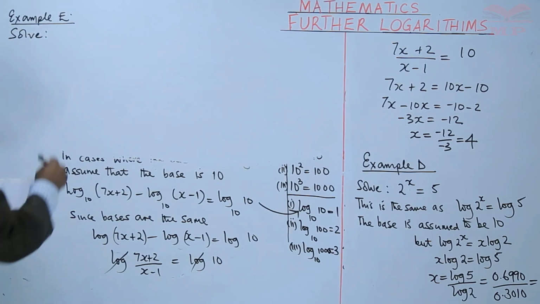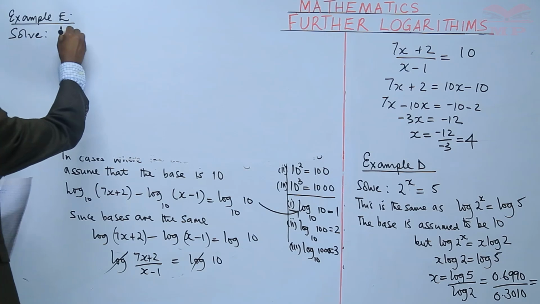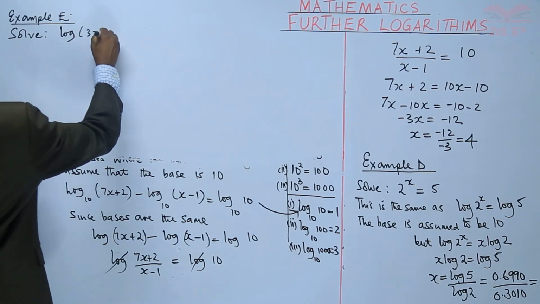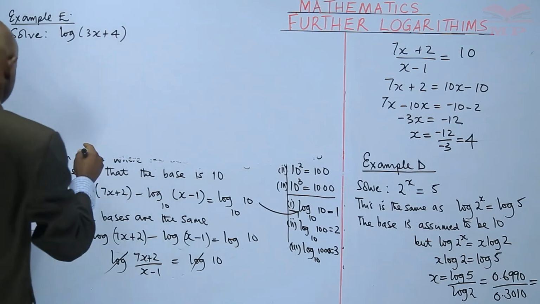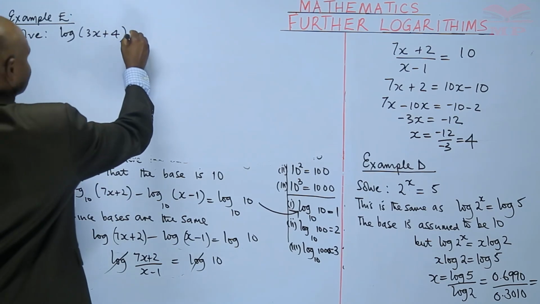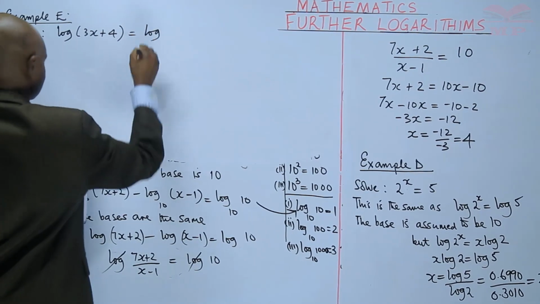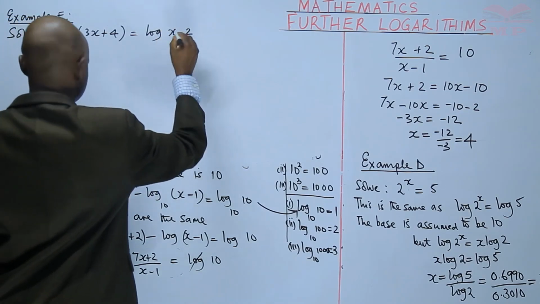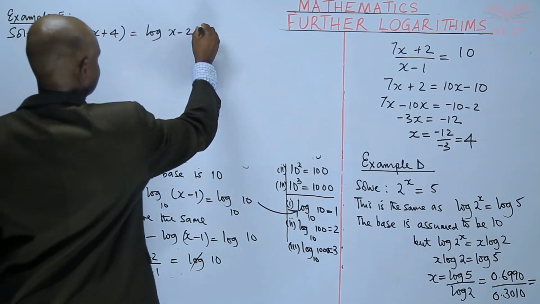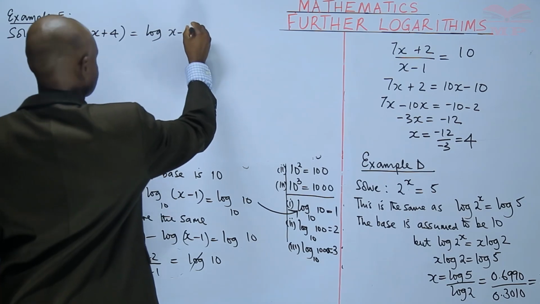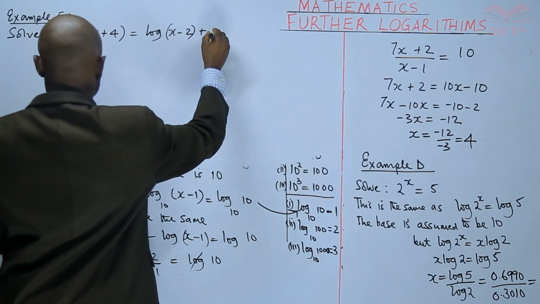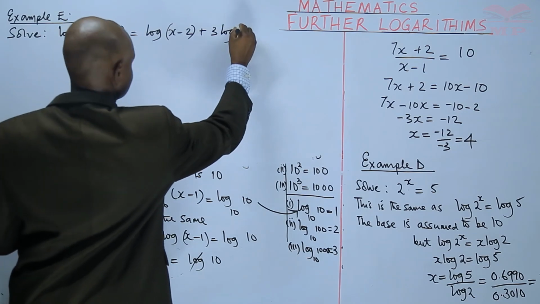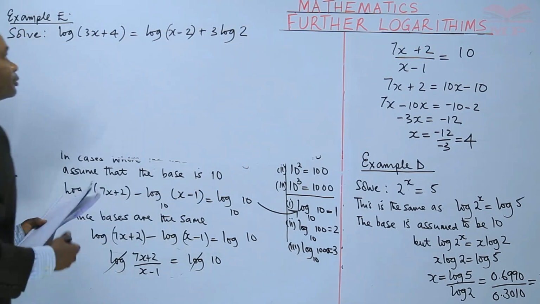Log of 3x plus 4 is equal to log of x minus 2 plus 3 log 2.